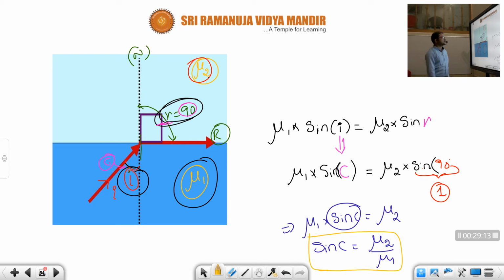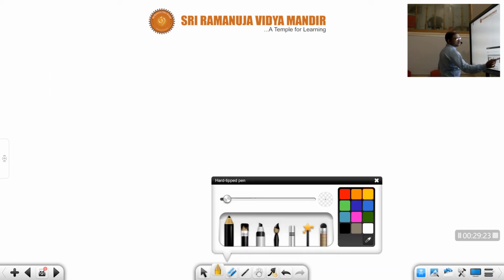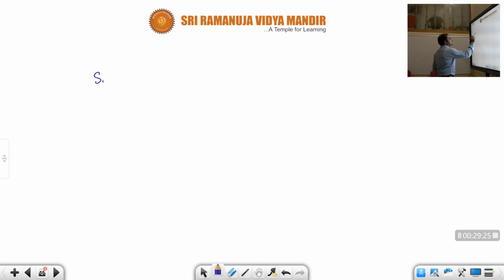Children, if you consider mu2 as air, then sin C is equal to the refractive index of air by the refractive index of that particular medium. This value is equal to 1 by mu.